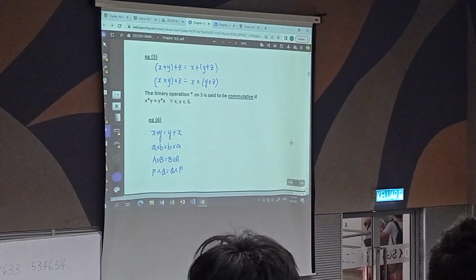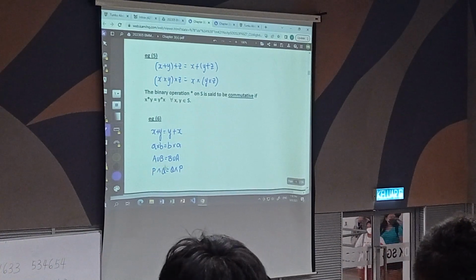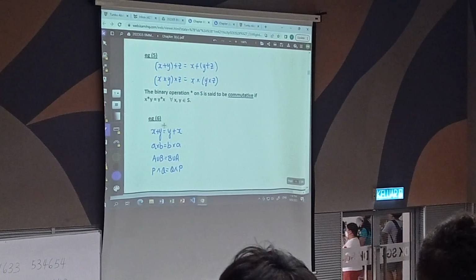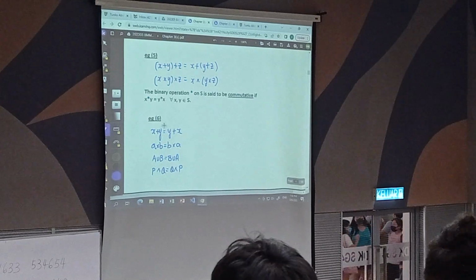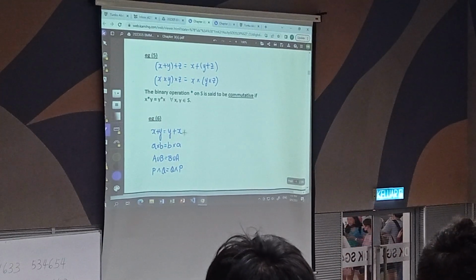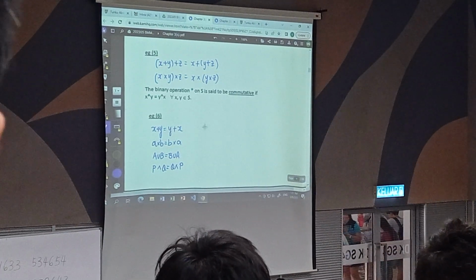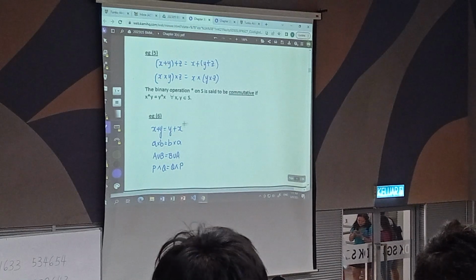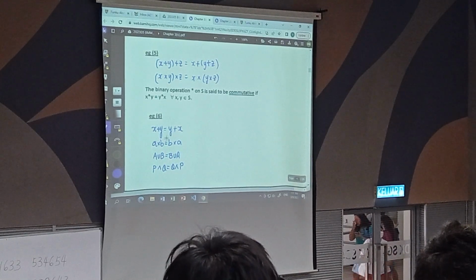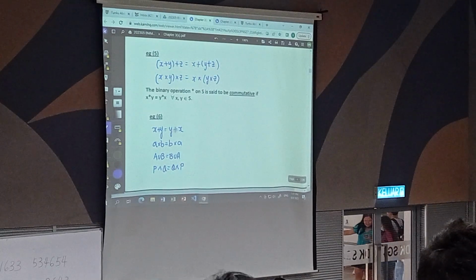So these are some examples showing that if you exchange the position, they are still the same, then we can say this is commutative. So when you do commutative, you only need two terms, x, y.